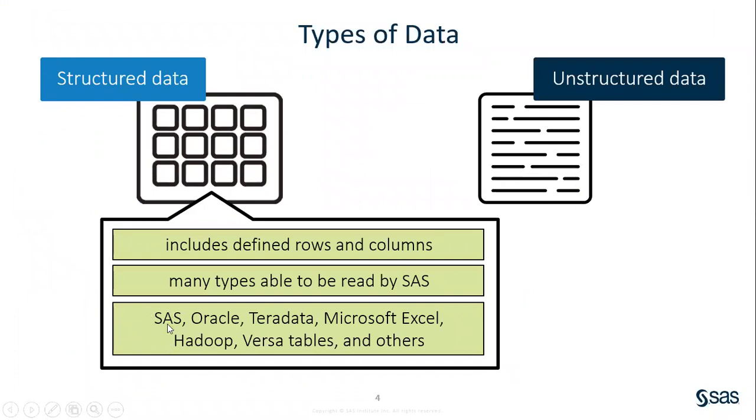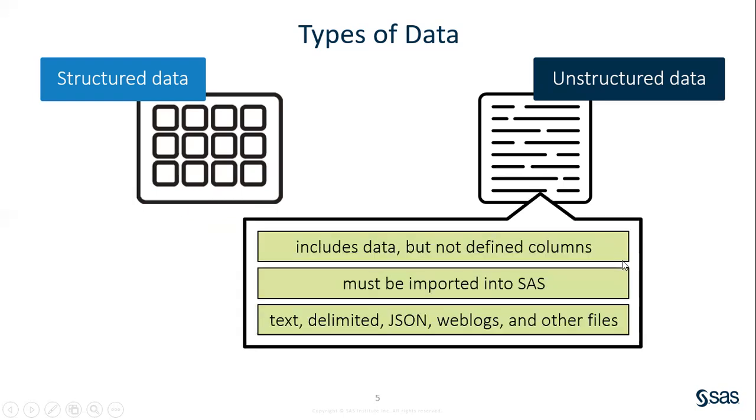So this could be SAS files, or files saved in databases like Oracle, Teradata, Excel, Hadoop, and others. These are structured files. Unstructured data files include data but not defined columns, and must be imported into SAS. Why?